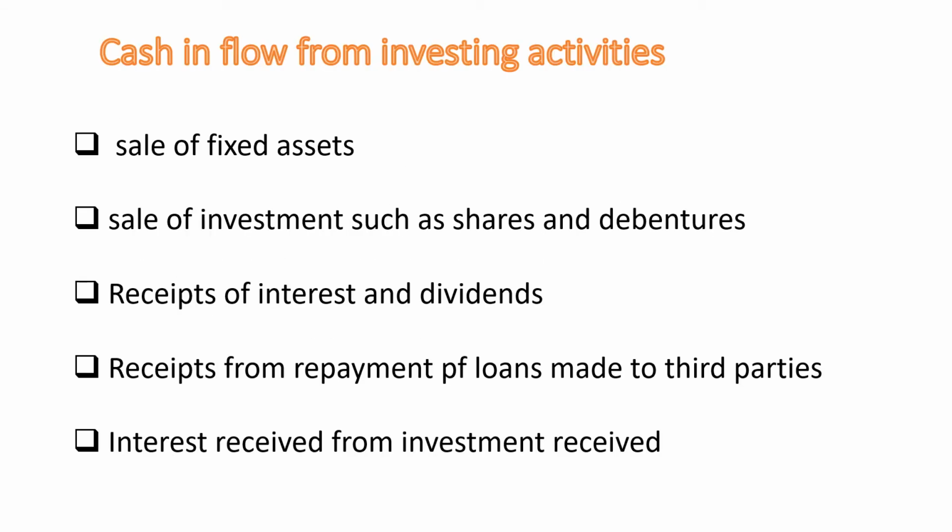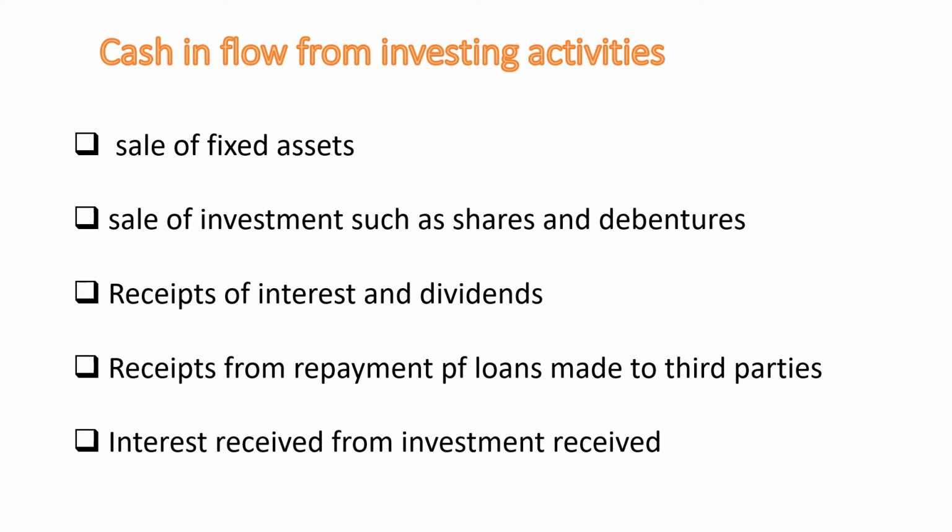Next, another activity which affects the cash flow statement is investing activities. Here also cash flow is classified into two: inflow of cash and outflow of cash. Following are some of the examples for inflow of cash from investing activities.